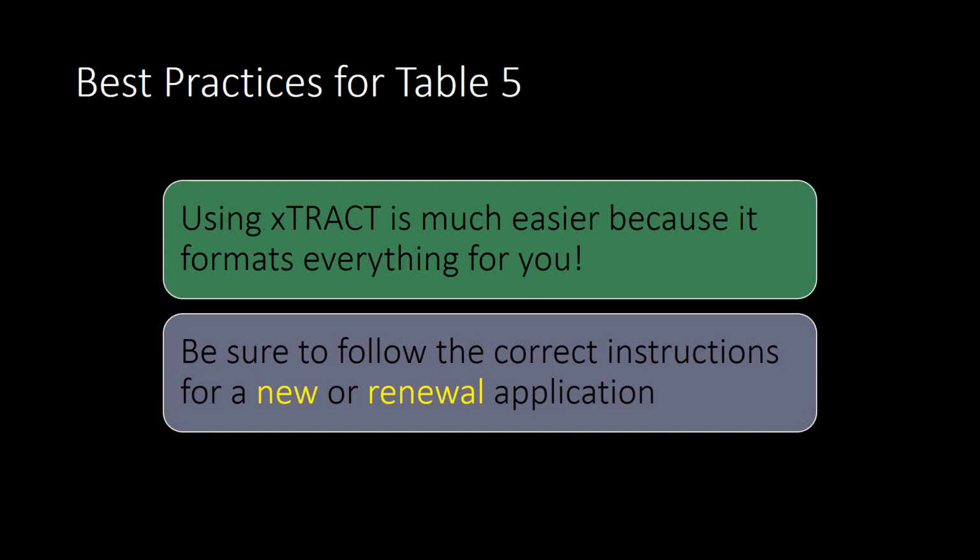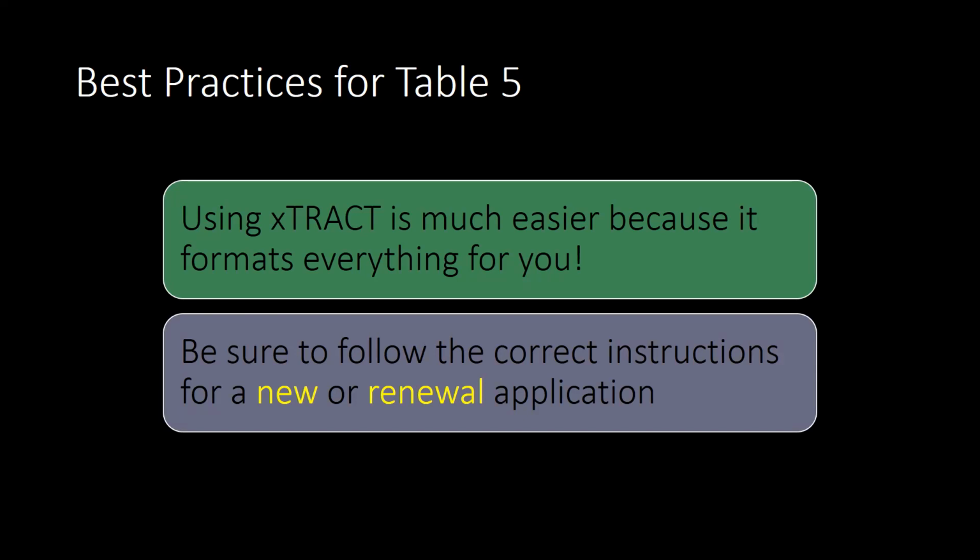Obviously, you want to make sure you're following the renewal or the new instructions. One thing I can tell you about new is, if you're doing a new application and you have a list of trainees who would have been eligible to be on this training grant, and you come across a trainee with no publications, I would not list them in the table as no publications.